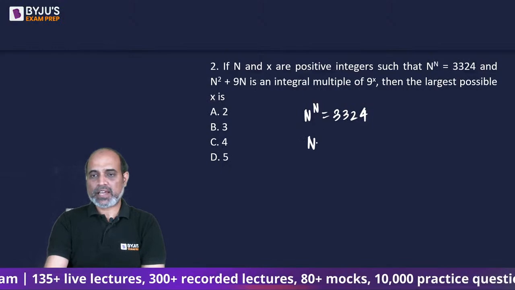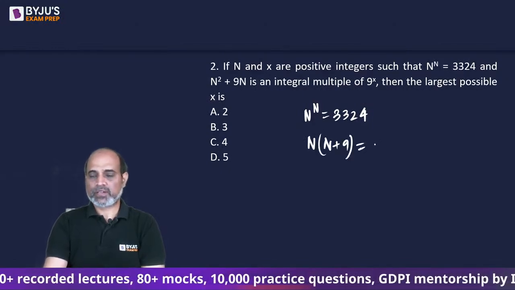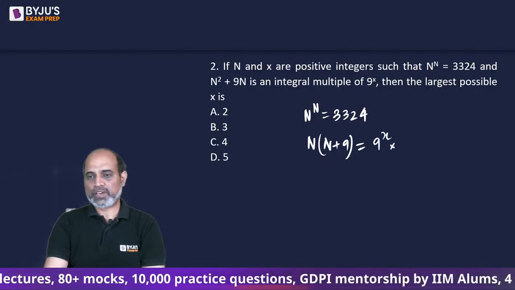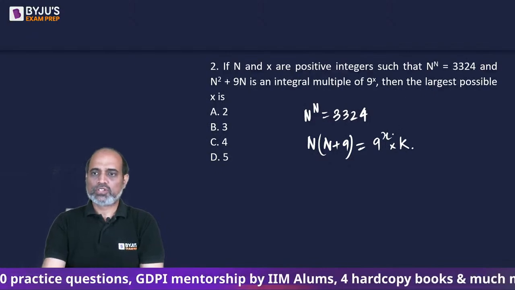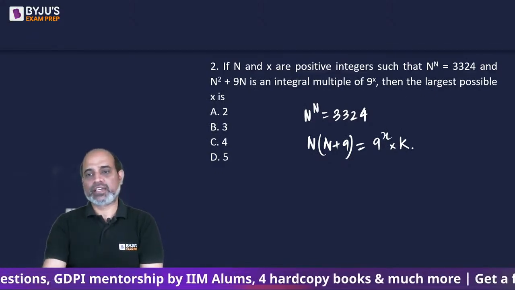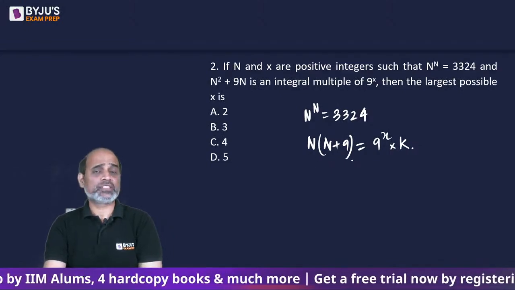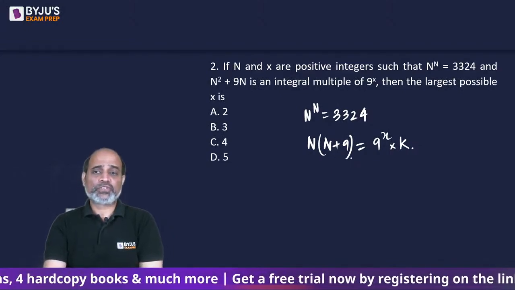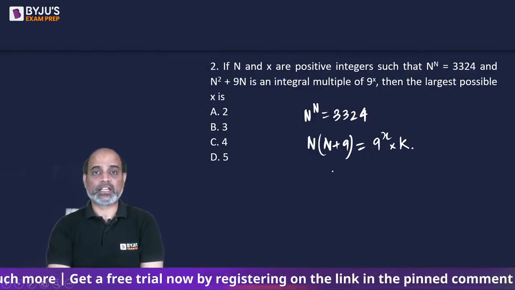And then it is given that n into n plus 9 is a multiple of 9 to the power x, so k times. Okay, k is not 0. So we need to find out how large x can be. In other words, whatever value of n we get, what is the highest value of this product n into n plus 9 is going to be in terms of power of 9.